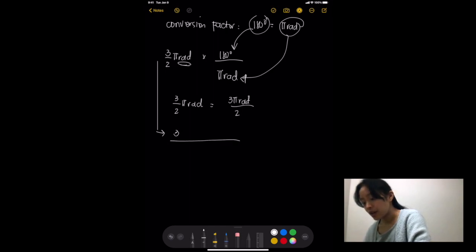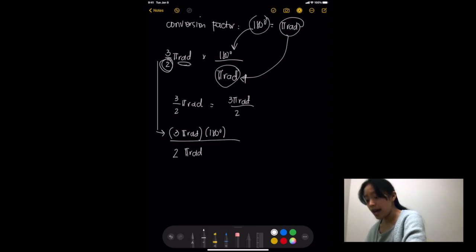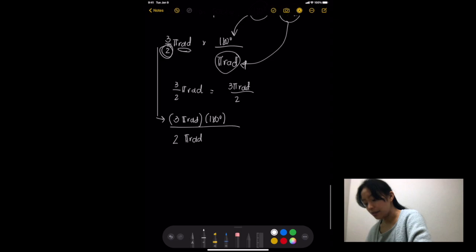So let's go now to our conversion. So I have 3 pi radian. So I'm going to copy all the factors in the numerator. So 3 pi radian times 180 degrees divided by 2, because 2 is in the denominator here, and pi radian from here.